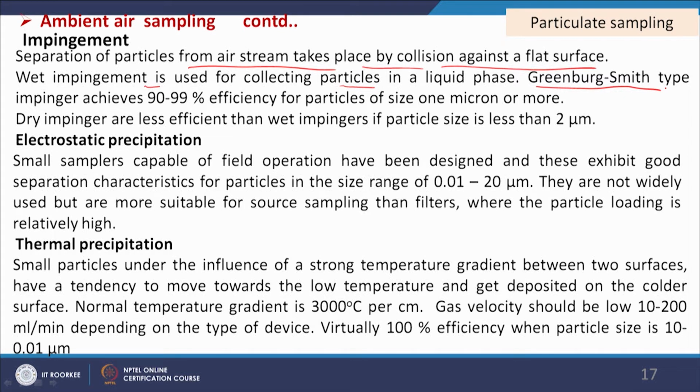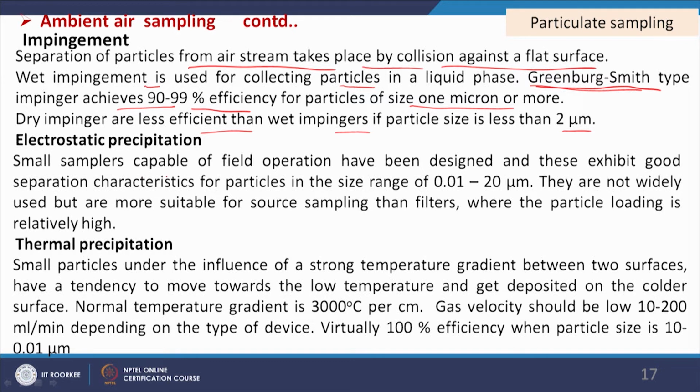The Greenberg-Smith type impinger achieves 90 to 99% efficiency for particles of size 1 micron or more, and dry impingers are less efficient than wet impingers if particle size is less than 2 micrometer. And electrostatic precipitation, this technique can also be used.